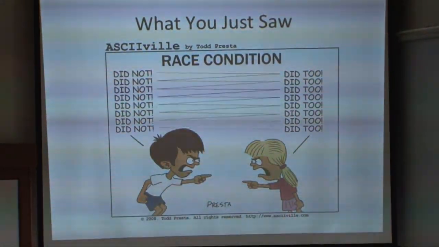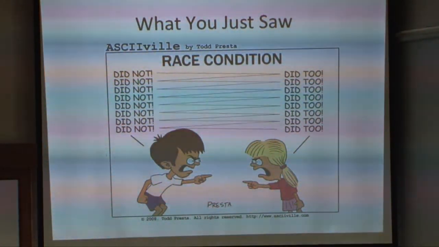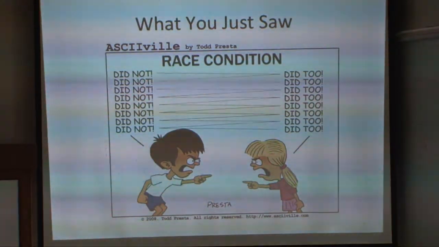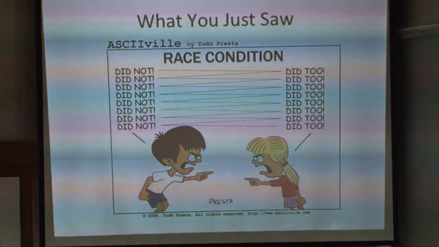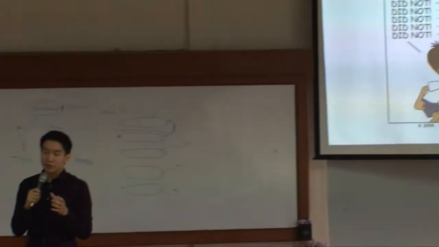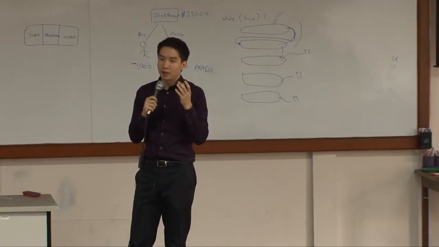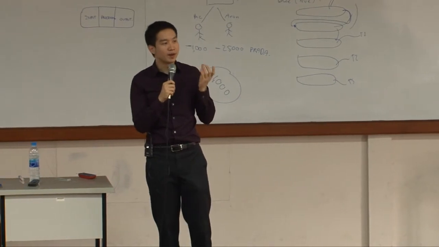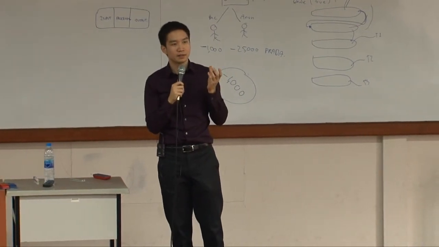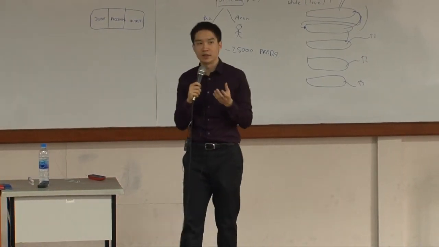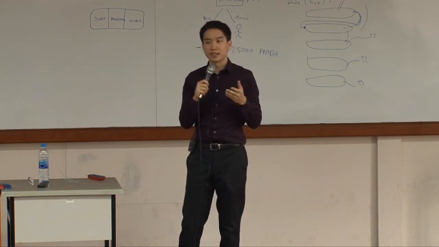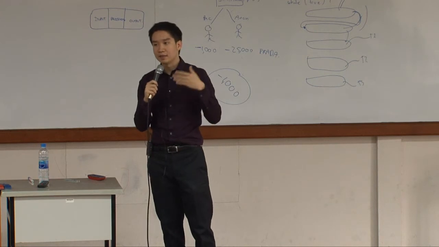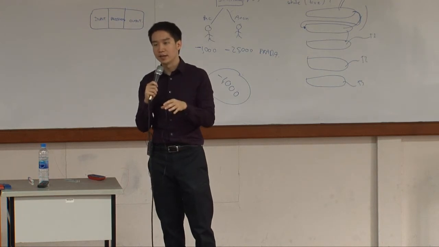So the lack of the synchronized keyword that you just saw earlier, and the behavior of the program that you saw when you did not have the synchronized keyword, this is what we call a race condition in computer science or in the multi-threading world. A race condition happens whenever you have two threads that try to access the same resource, okay?